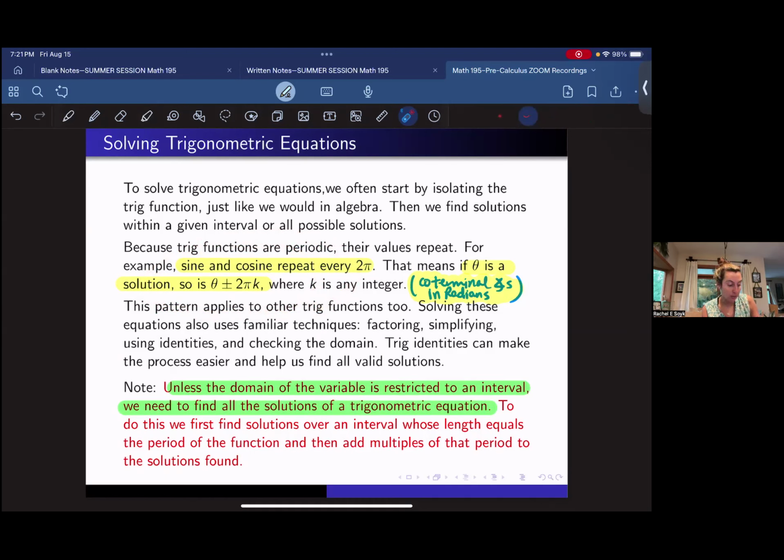And then we add the multiples of that period to the solutions found. And so that's where, again, our unit circle really helps us out from a visual standpoint, and then using our knowledge of the quadrants and where our trig functions are positive versus negative, depending on what quadrant we're in.